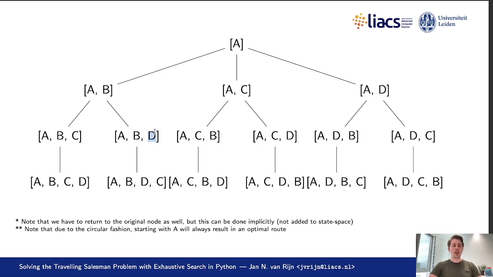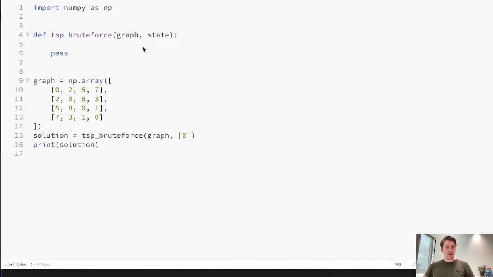So there are two types of nodes, the goal state and the non-goal state, and when coding the algorithm we have to distinguish between those two cases. Let's first do this. How do we know that we're in a goal state? We're in the goal state when the variable state contains exactly every city once.